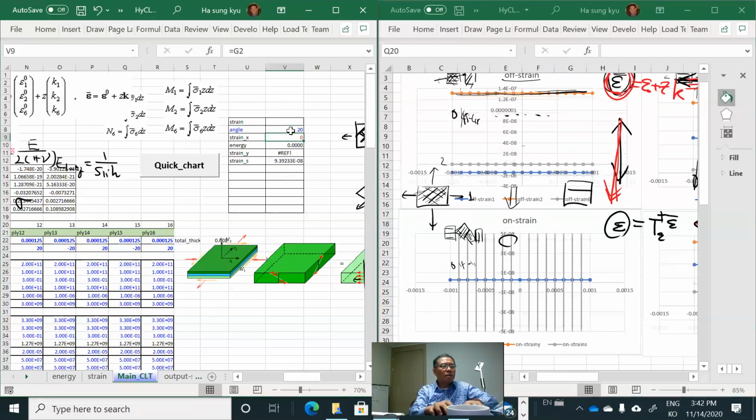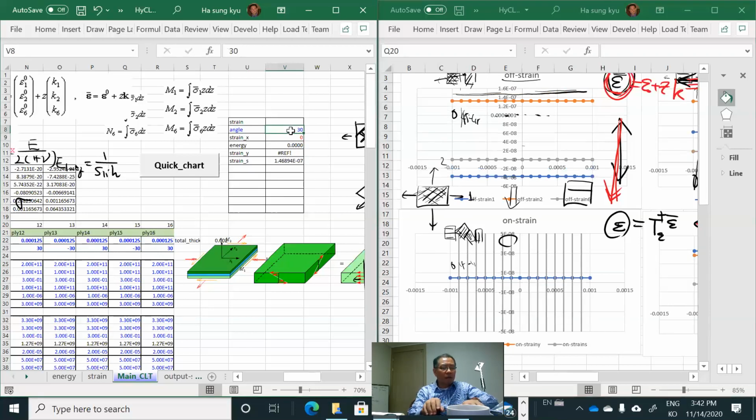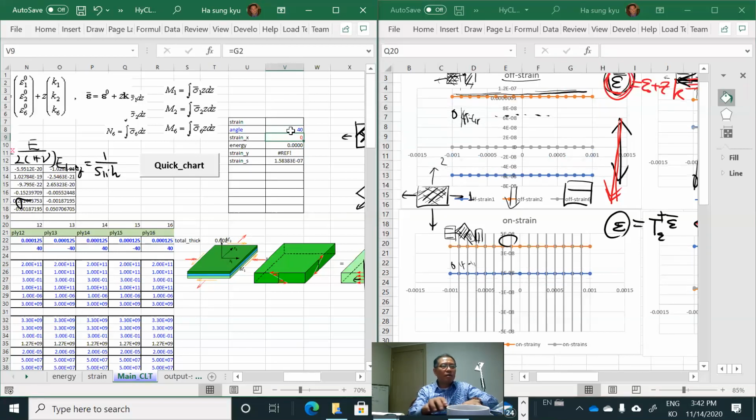And at 20 degrees, this goes up. 30 degrees, oh sorry, 30 degrees and 40 degrees.